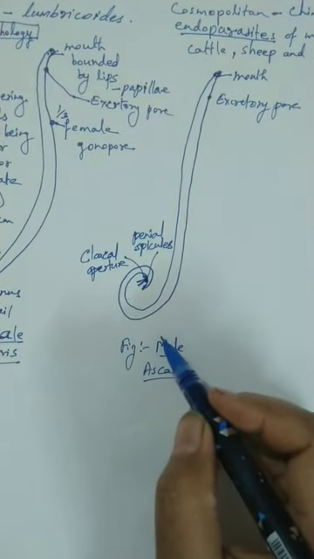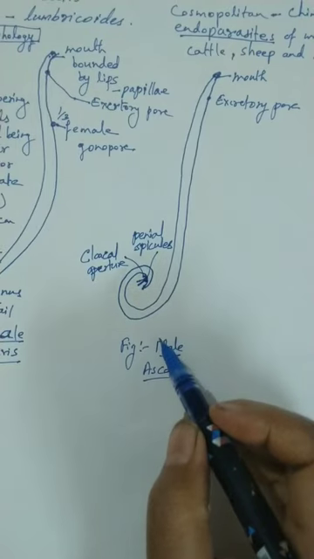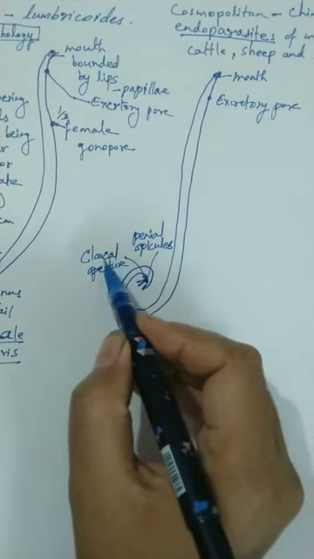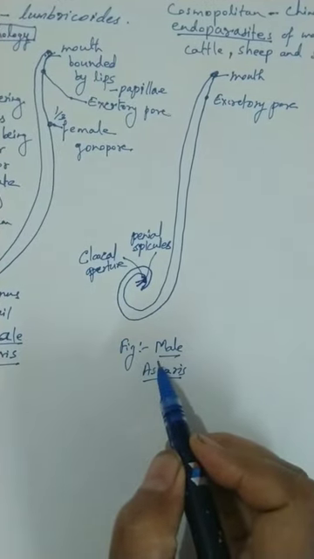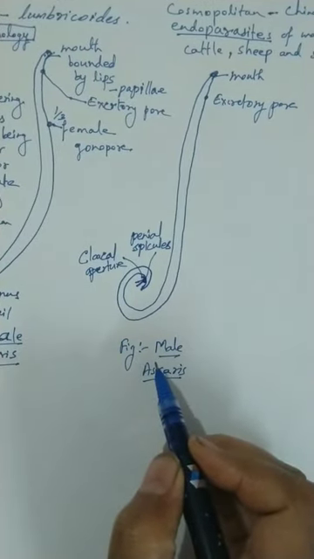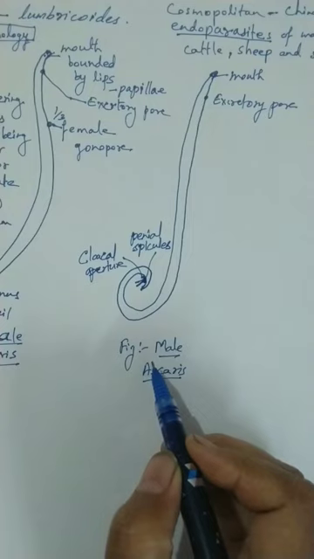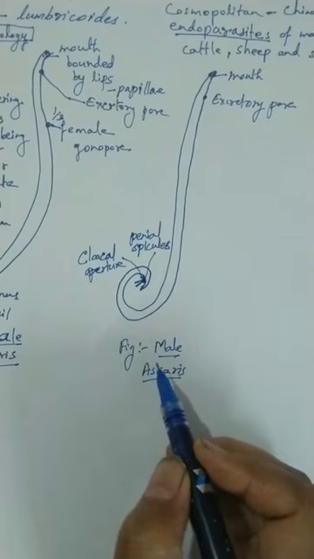In males, the anus is replaced by a cloaca. This is the cloacal aperture. The cloaca is a common aperture for the digestive as well as genital tubes.